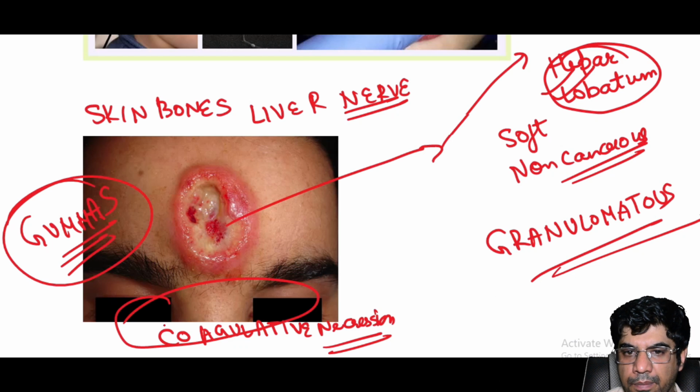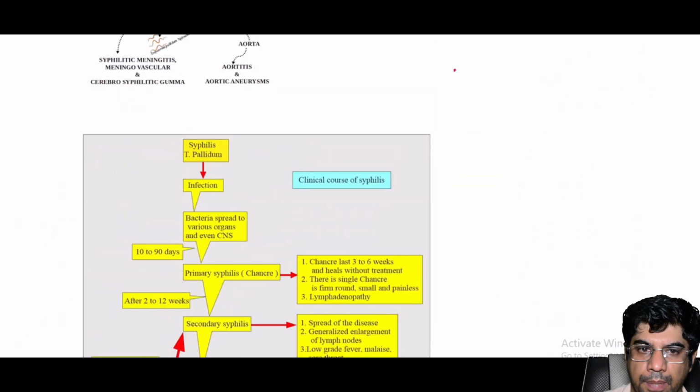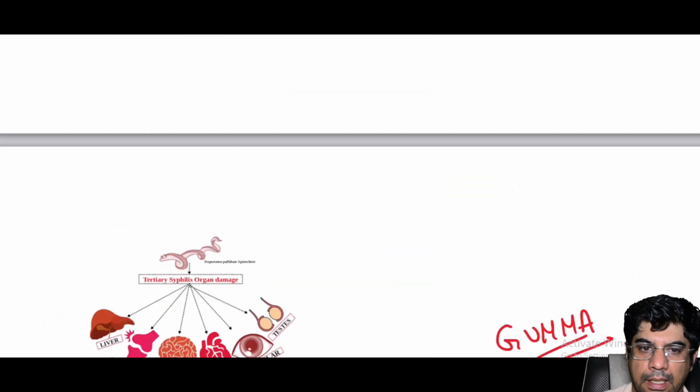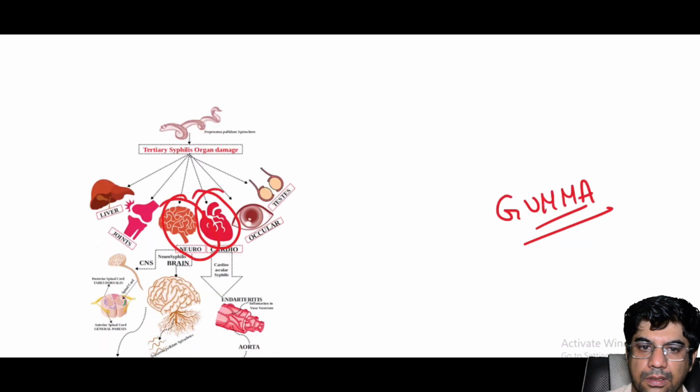It can be found in organs like the liver, testes, bones, and the brain. Now tertiary syphilis can affect the heart or the brain. It can be neurosyphilis or cardiosyphilis.